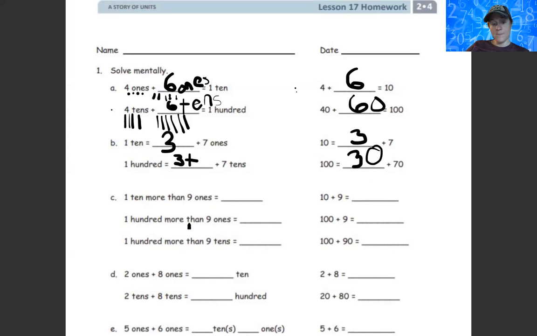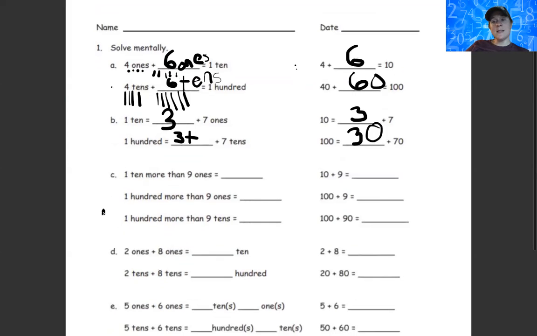Good work. All right, C, this is kind of a review. We did this last week. 110 more than 9 ones. What number is that? So if I have 9 ones and then I add a 10 to it, the number's 9. Now I'm adding a 10 to it. What number do I have? I have a 10.